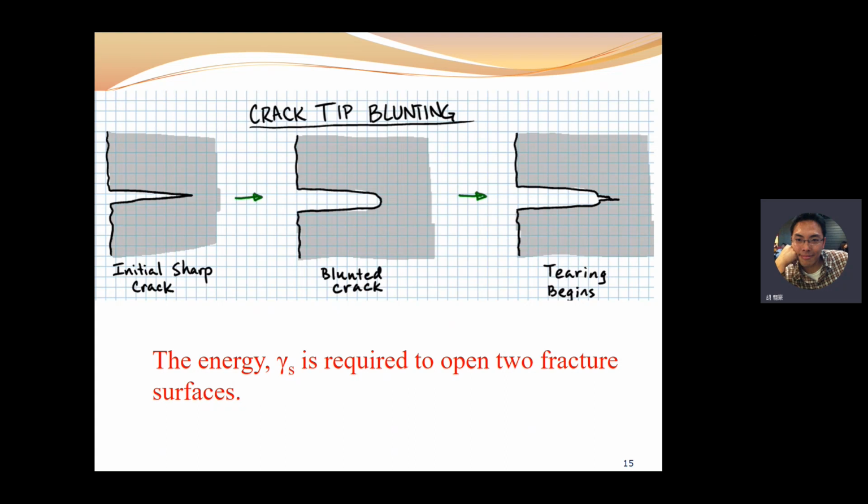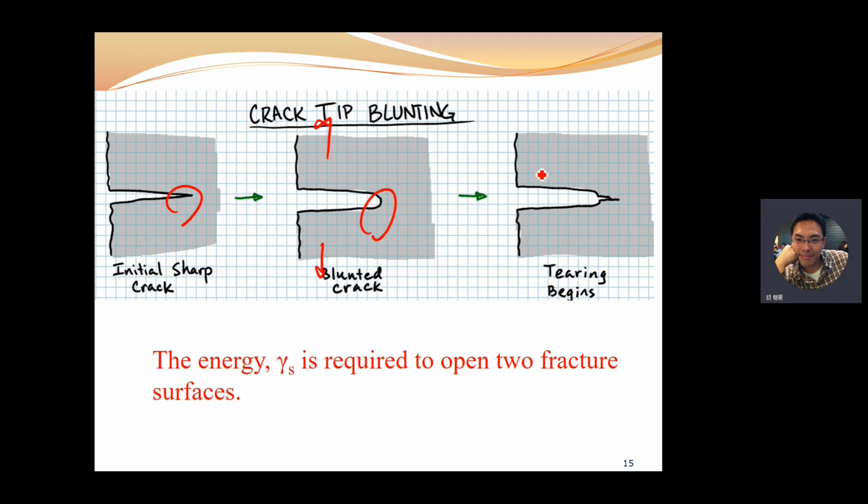We already saw this figure previously, right? For a component or a sample, you already have a crack formed and it has a very sharp crack tip. Then we apply stress, and the tip starts to propagate. The tip will be blunted initially, from sharp to blunt.